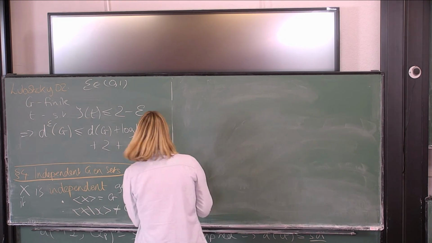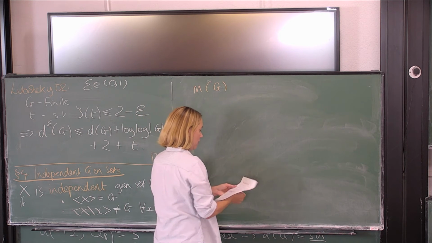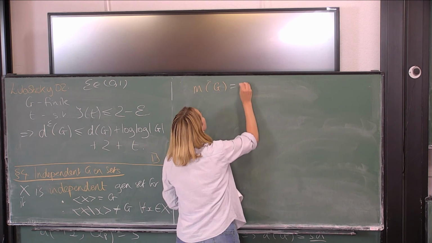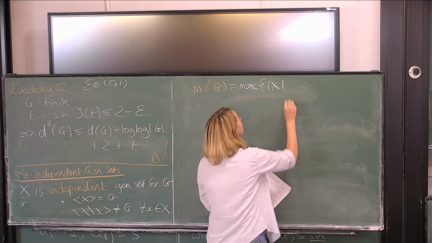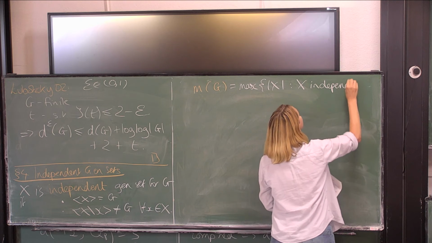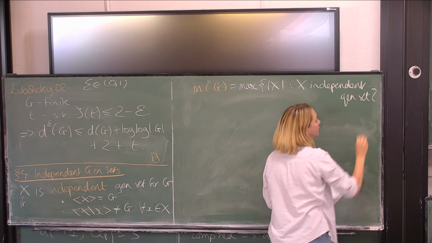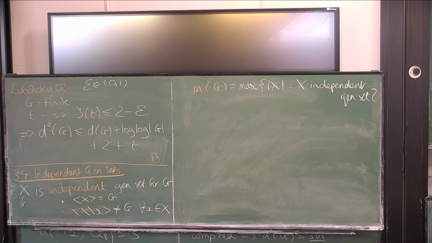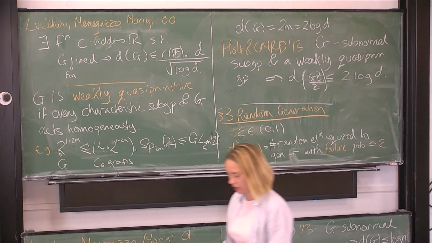So let's define a group invariant, m(G), to be the maximum of the size of X, such that X is an independent generating set. Very little is known. So it's a really interesting question with lots and lots of applications.